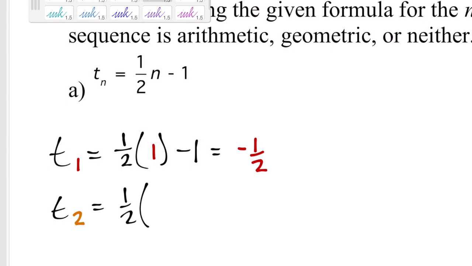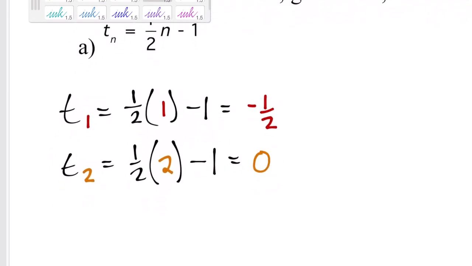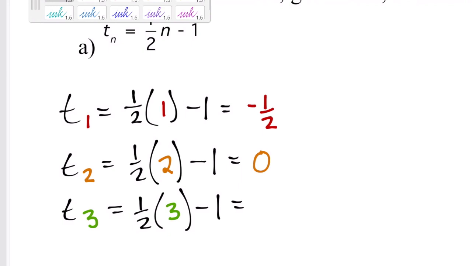So 1/2 times 2 will give me 1. 1 minus 1 will end up giving me 0. And then we're plugging in 3. So 1/2 times 3 will give me 3 over 2. 3 over 2 minus 1 will give me a positive half.